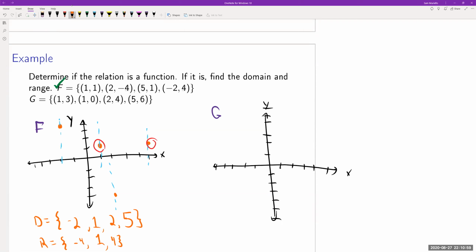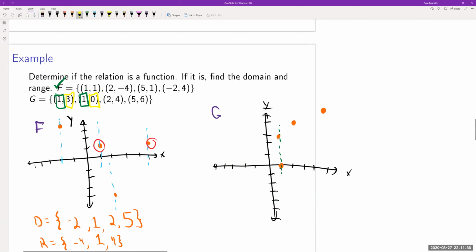Okay, so now I've got the points (1, 3), (3, 1), (0, 2), (4, 5), and (5, 6). Immediately graphically, I can see we do not have a function. These 2 points have the same x coordinate, but different y coordinates, and they are on this same vertical line. I can see on these points here, same x coordinate, but different y coordinates. That's not a function, so we'll move on.